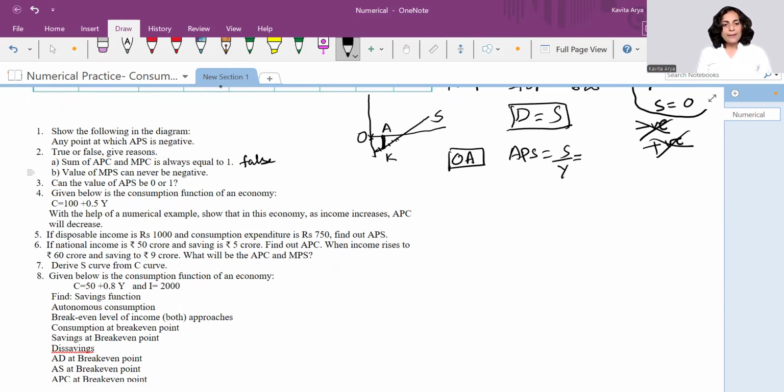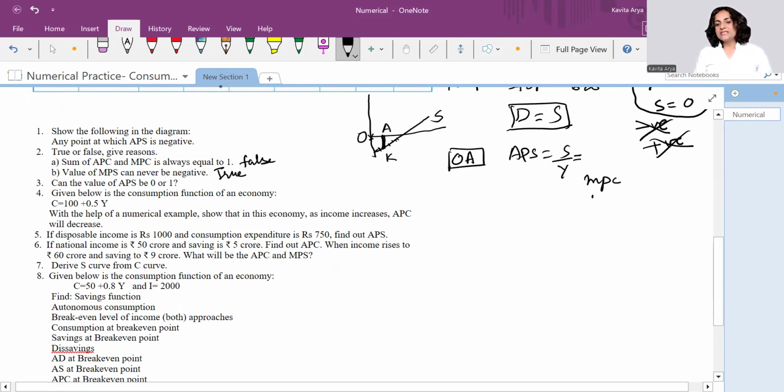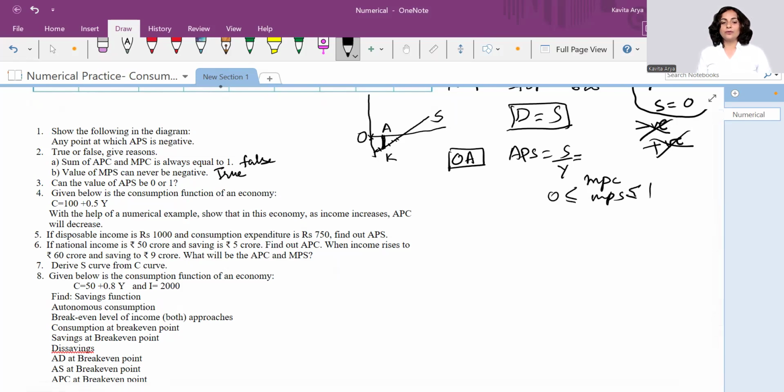The value of MPS can never be negative. That's true. Why true? Because we have discussed in previous module that the value of both MPC as well as MPS remain between 0 and 1. They are never lesser than 0. Means they are never negative. Why? Just think wisely.